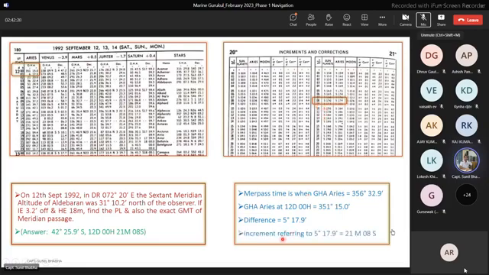So the increment of 5 degrees 17.9 corresponds to 21 minutes and 8 seconds. So this gives us the exact time when this GHA Aries would occur, and that time is 12th day 00 hours 21 minutes and 8 seconds. So this is the exact GMT of the meridian passage of Aldebaran on 12th September 1992.